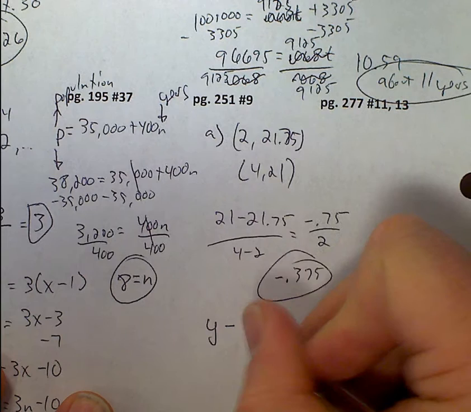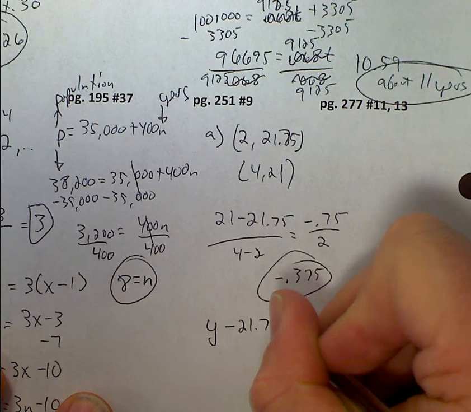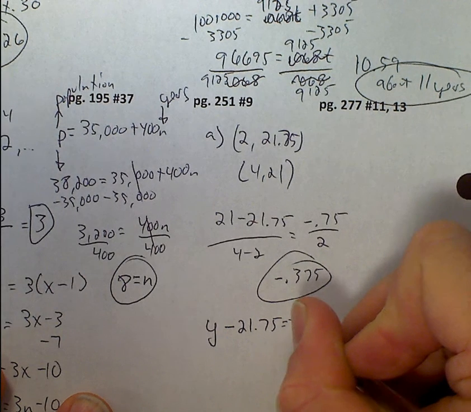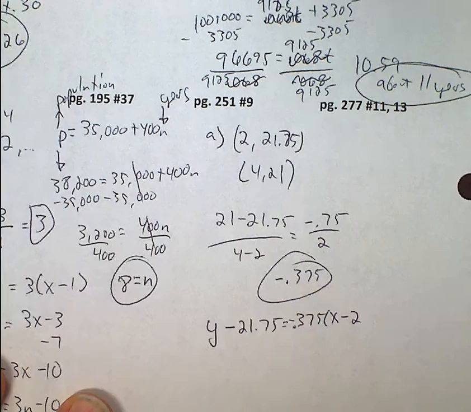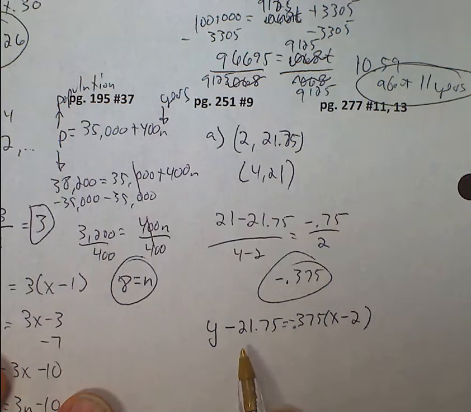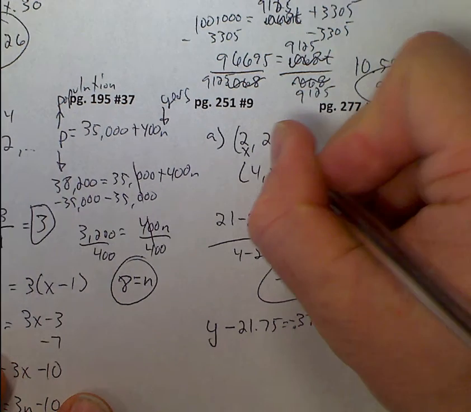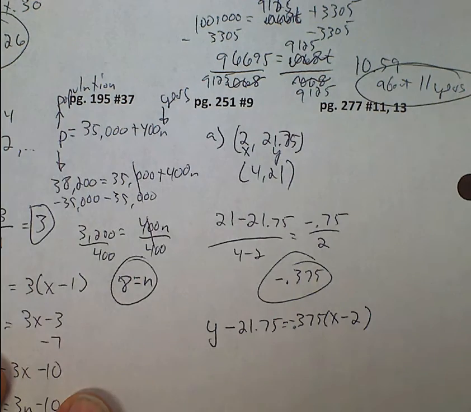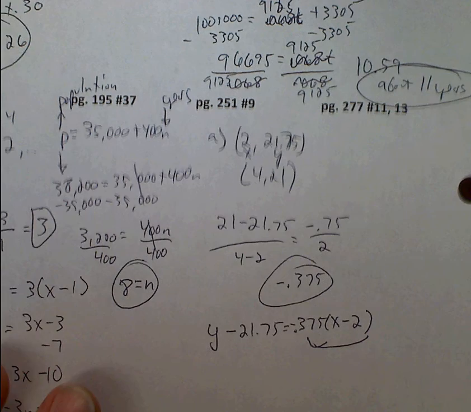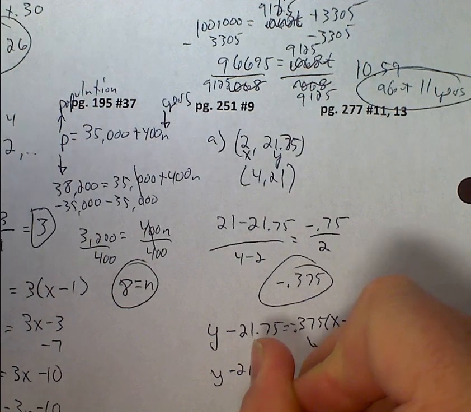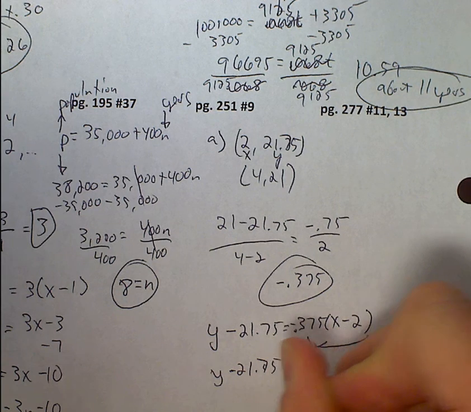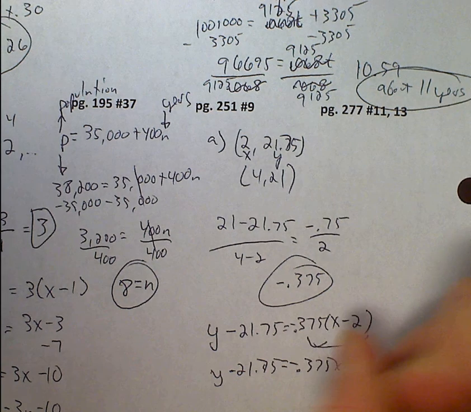Y minus 21.75 equals negative 0.375, x minus 2. So I'm using point slope formula. This is my x and this is my y. Distribute. So I get y minus 21.75 equals negative 0.375x.